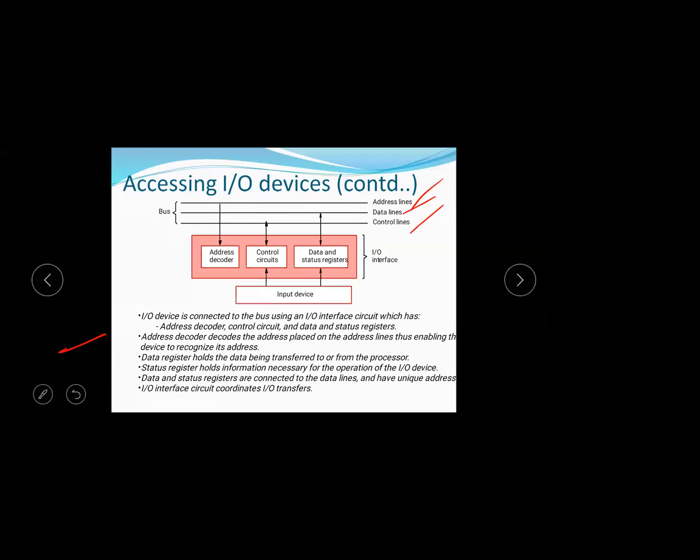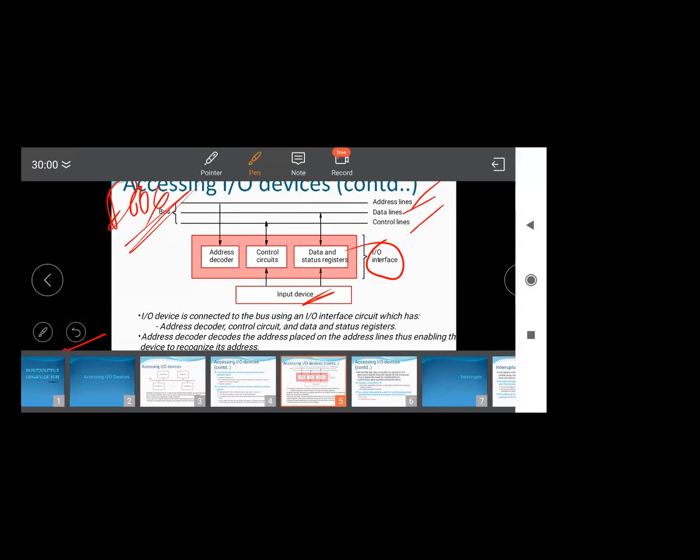we have to use the interface circuit. This is called the interface circuit. To connect the input device to the processor, we have to use the interface circuit.